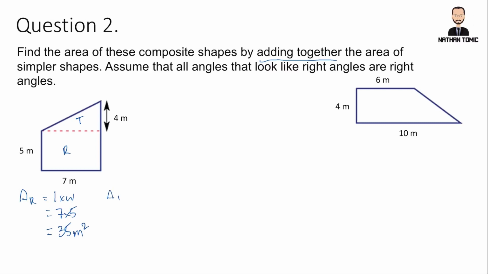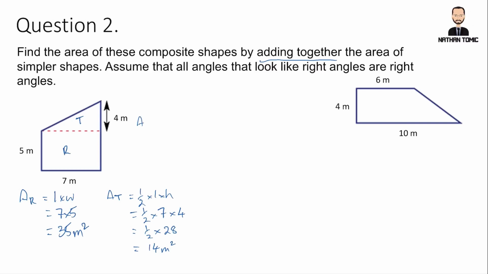The area of the triangle is equal to half of the length times the height, which is equal to half of, let's say, length is 7. That's the same as the bottom of our rectangle, times the height, which is that 4 that they provided us, which is equal to half times 28, which is 14 meters squared then.